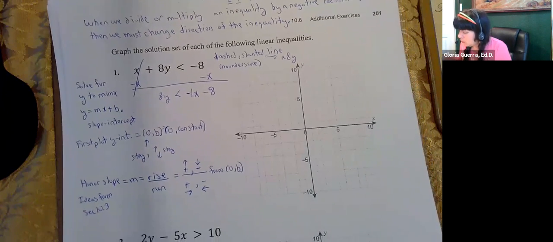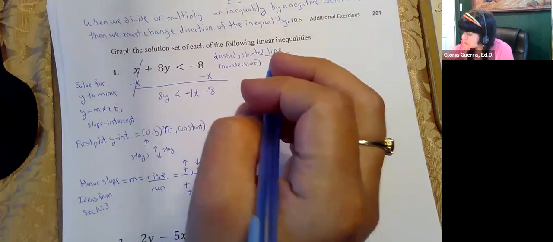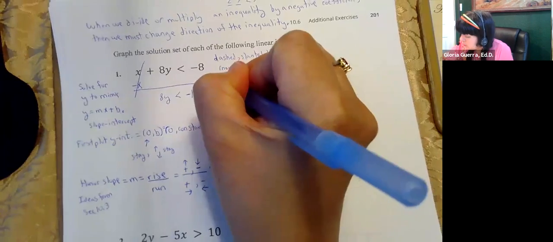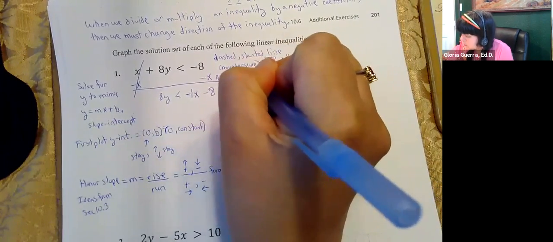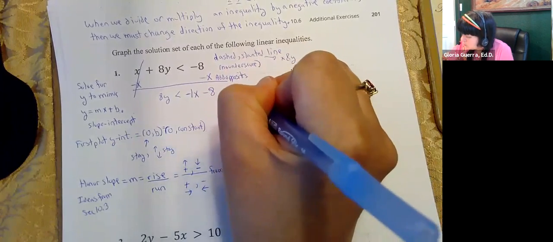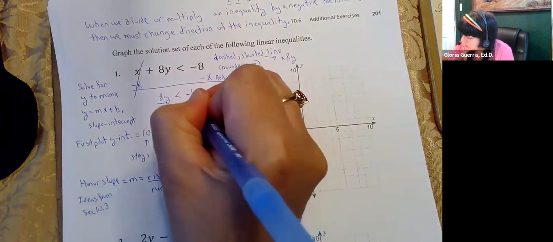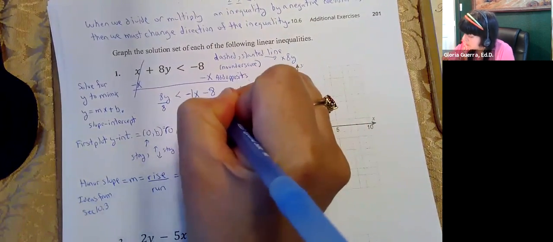Okay. So moving along, we're going to divide everybody by 8 in 3 chunks. So first, what we did was we added opposites. Now we're going to divide by 8. So I'm going to divide this by 8, divide this by 8, divide this by 8.